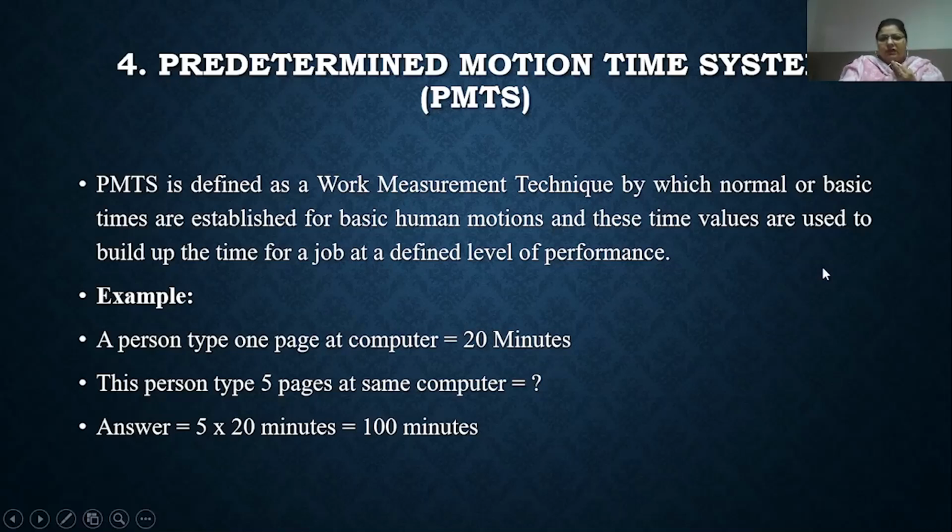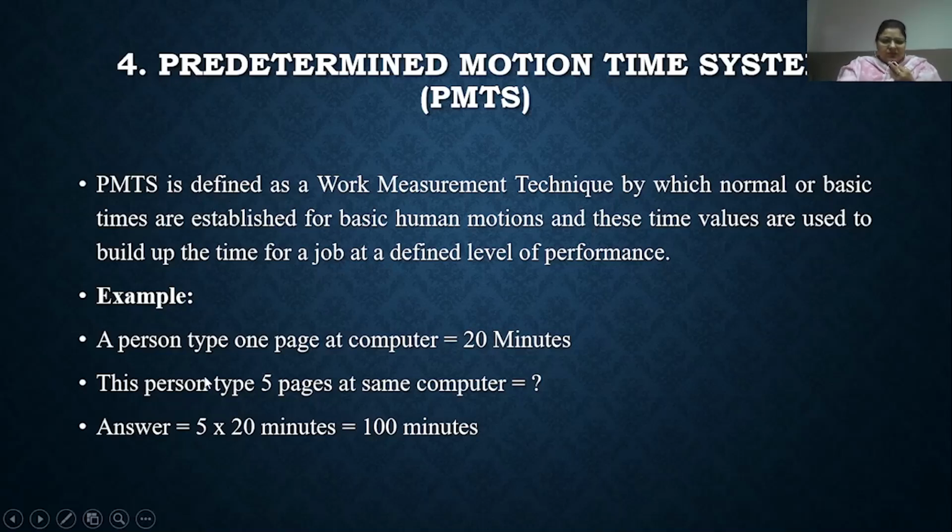And these time values are used to build up the time for a job at a defined level of performance. We can easily define what worker skill is needed to achieve that kind of standard, and second, how much time is needed for this operation.